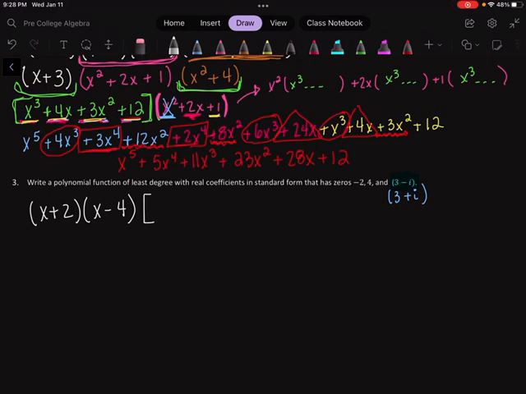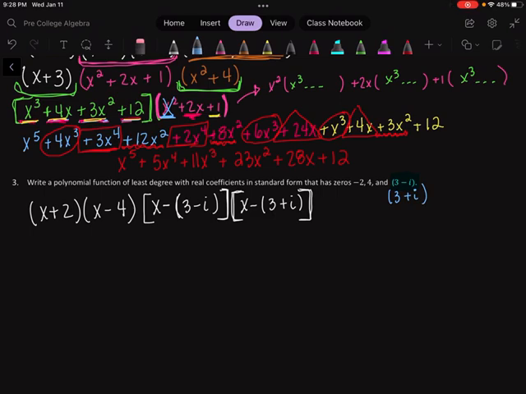And then, this is why I use brackets for this, because I'm going to have x minus parentheses 3 minus i, and then the brackets, and then some more brackets, x minus the 3 plus i. Okay, so that's in factored form. I must now multiply out.